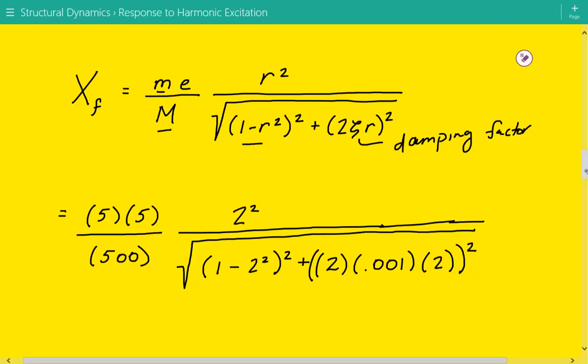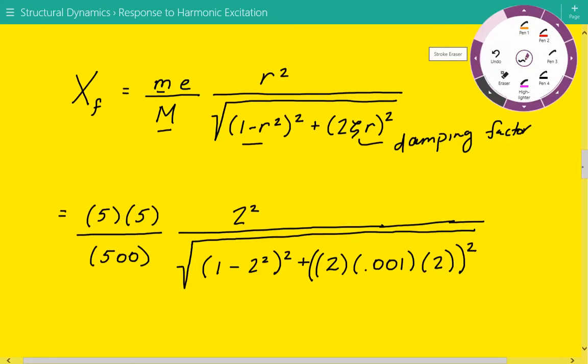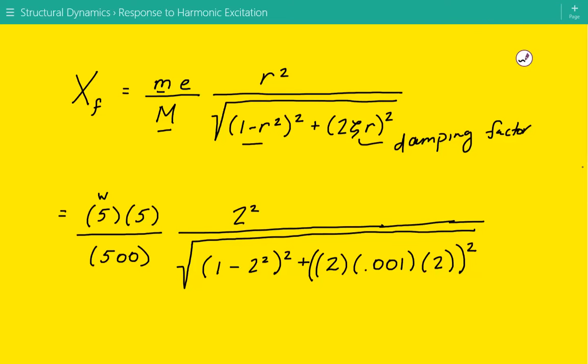And here, the only thing to note is that instead of plugging in values for the actual mass, I just input the value for the weight. So the weight, small w and big W, because mass is equal to weight divided by gravity. And so basically the gravitational G would just cancel out here. So instead of using small m divided by M, we can just do small w divided by capital W, the weight of this unbalanced mass divided by the total weight.